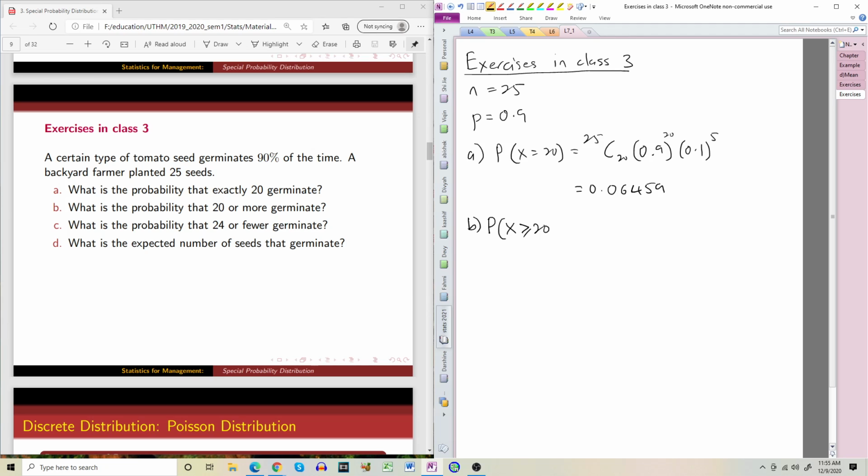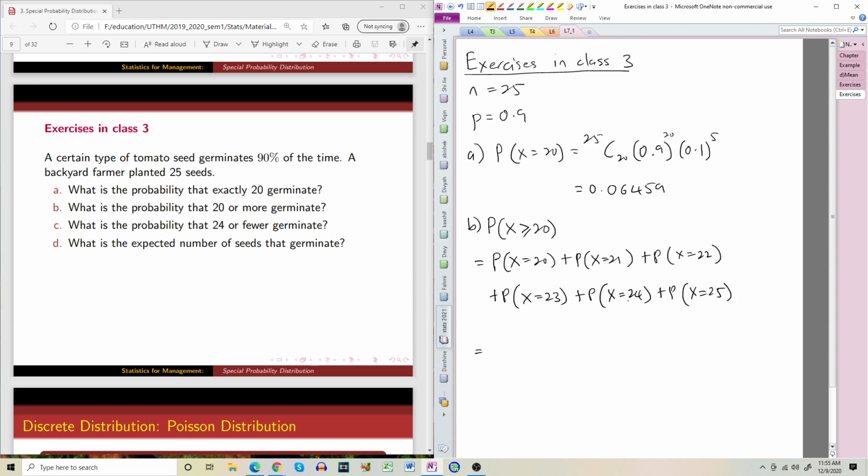Twenty or more. It starts from 20, 21, 22, 23, 24, 25.